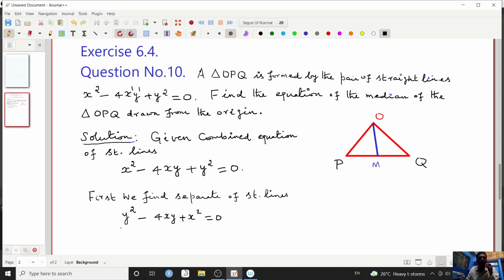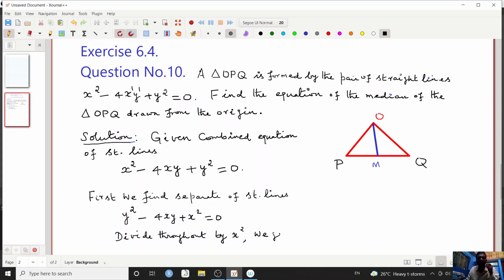Now I am going to divide this equation throughout by x square, so that what do we get?